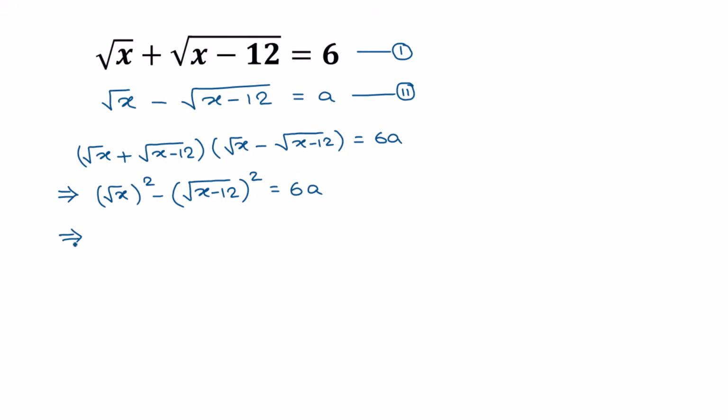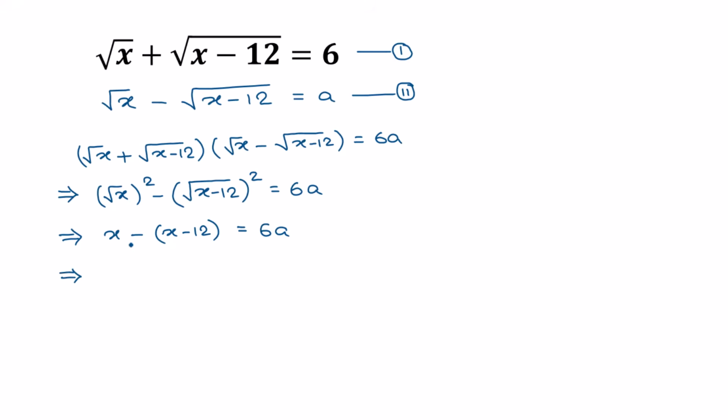Now this square root and this square will cancel and it will be x minus, similarly this square root and this square will cancel and remain x minus 12, is equal to the right side 6a.